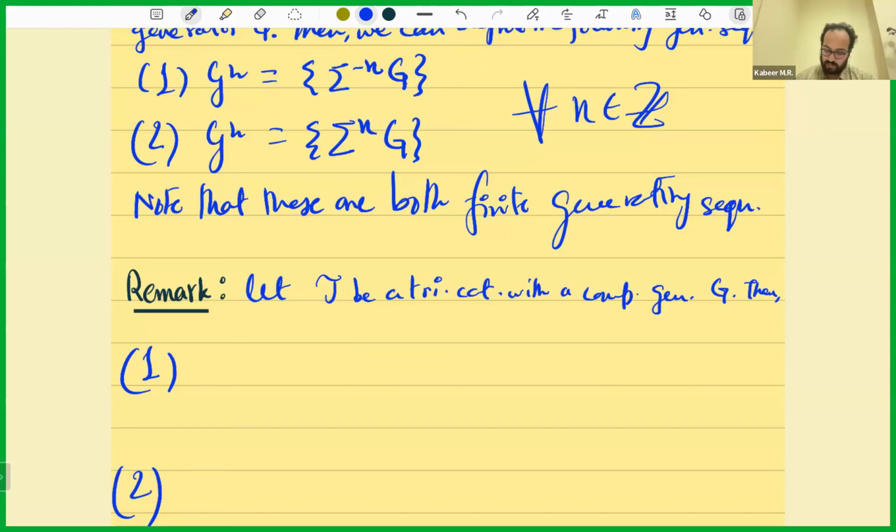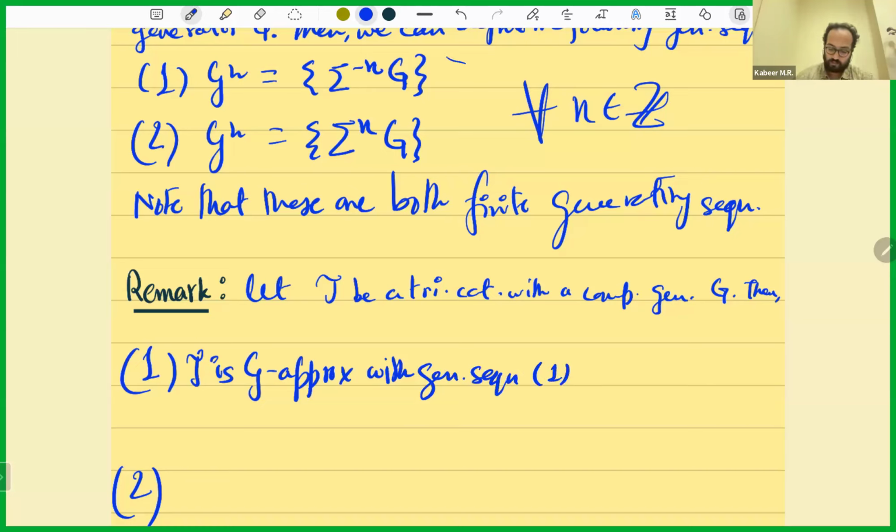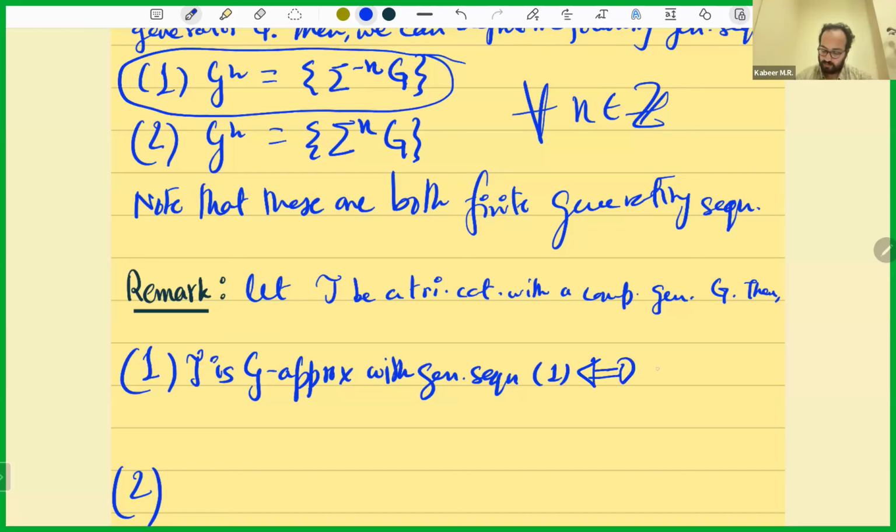Let T be a triangulated category with a single compact generator G. Then T is G-approximable with generating sequence 1, generating sequence 1 being this one, if and only if T is approximable.